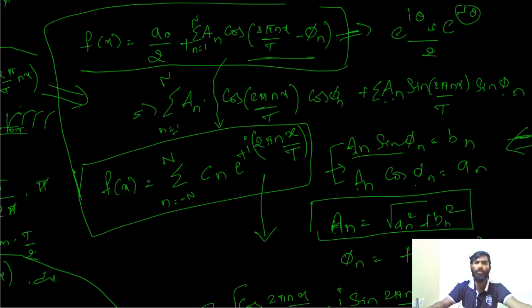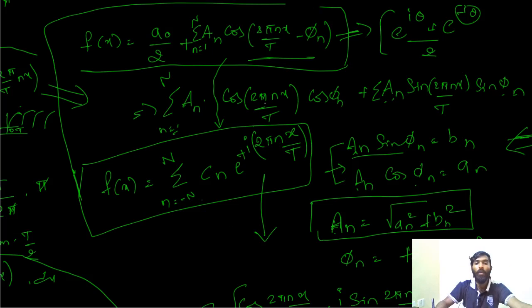It is also easy to actually comprehend. So when you put this over here, the theta will be 2 pi nx by T minus phi n, and here minus of this theta. And if my n ranges from 1 to infinity, you have to write it like this, but if my n ranges from minus N to N, I can actually put those complex conjugates together and write it like this.